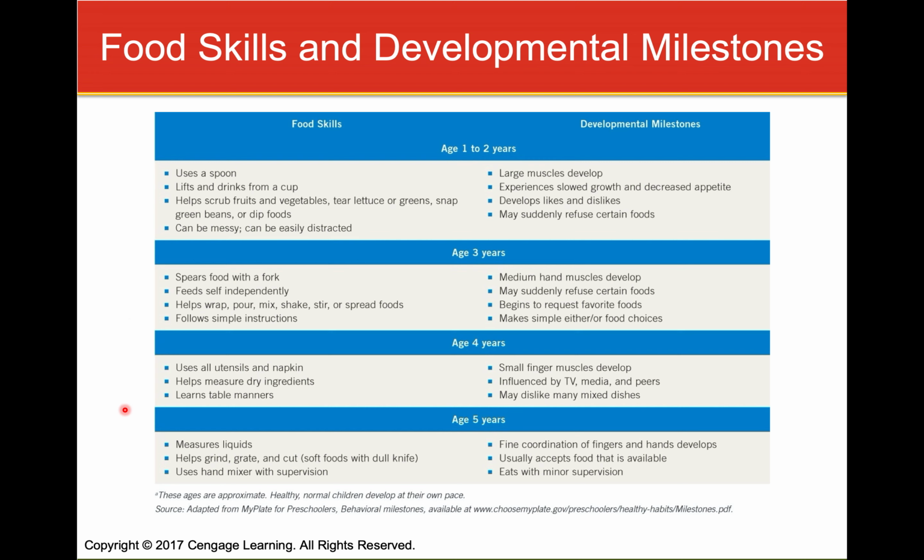And then 4 years old, they can help to measure dry ingredients, they can learn table manners. 5 years old, measuring liquids, help grind, grate, and cut, and use hand mixer with supervision. So by age, there's different skills that the child has, and in terms of assisting in food preparation, there's different things that they can do.